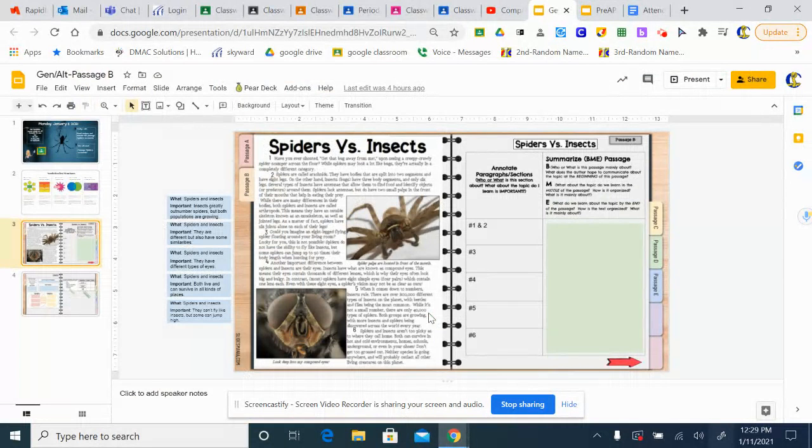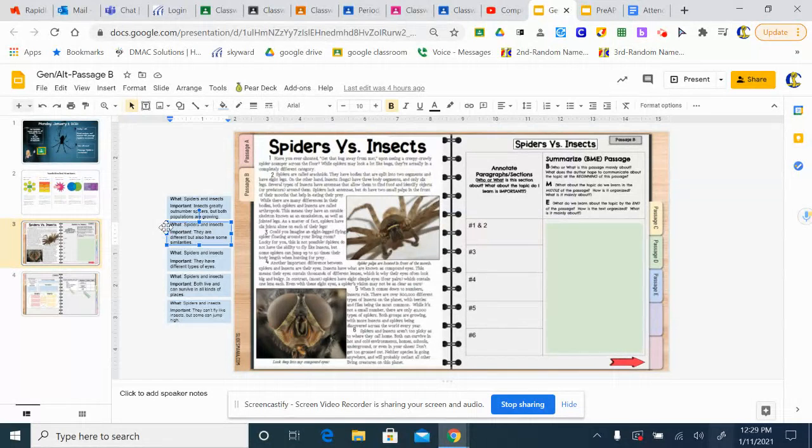When you hit the escape button, you will see it is not present mode, but you can see the whole page. And these boxes to the left are your notes of the who and what is important. You click on the box, make sure the text box is showing. When you see the little star pop up, you're able to drag that box and drop it into the box where it belongs.